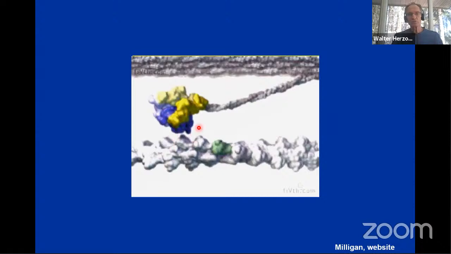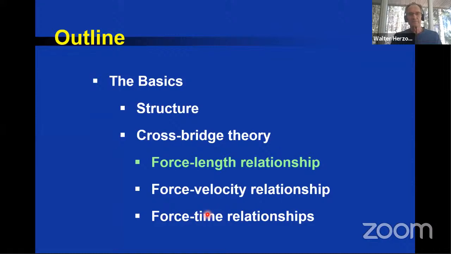And through a rotational movement, the actin filament is then pulled past the myosin filament. And here we look at the left-hand side of a sarcomere. That's why the actin was pulled from left to right in this particular drawing.